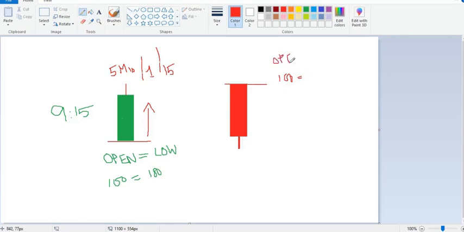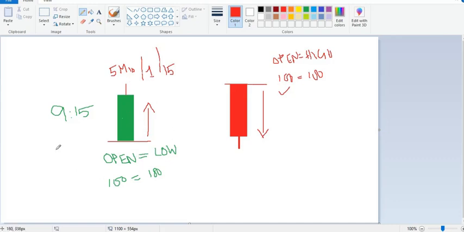Here it's open is equal to high. It opens at 100 rupees, and its high is also 100. So this is a bearish candle.